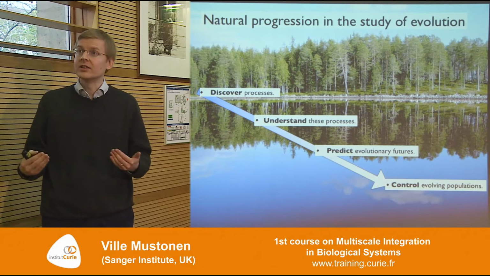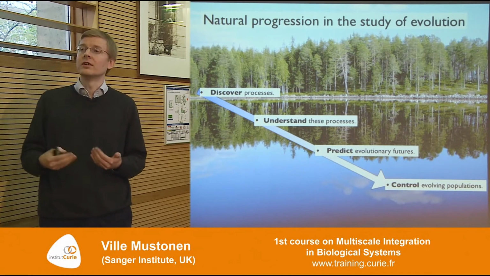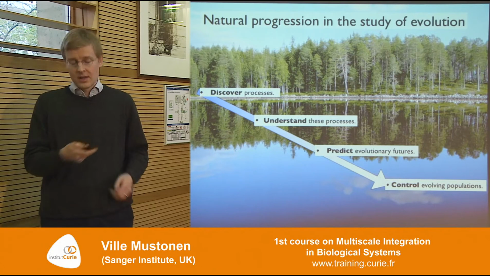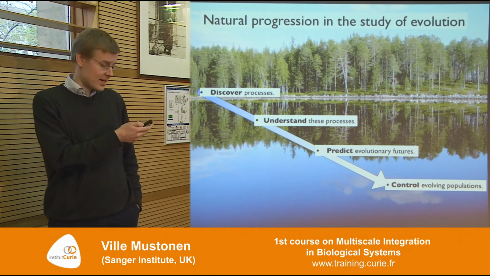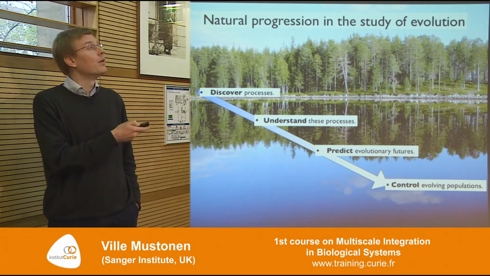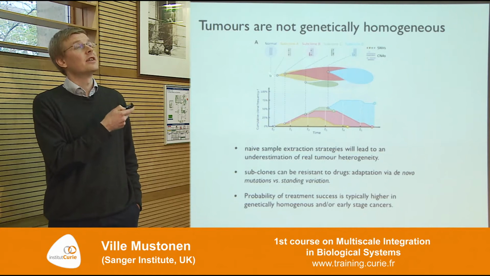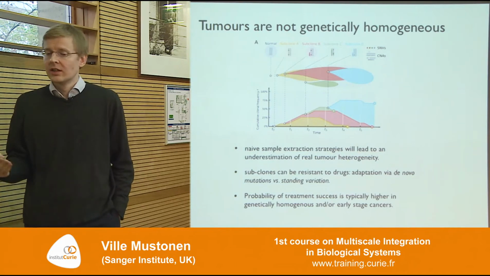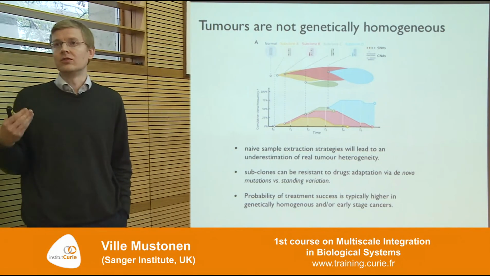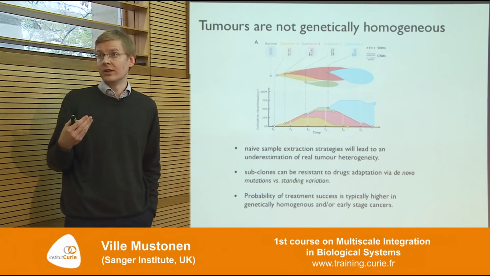The clinician is successfully controlling an evolving population. But it doesn't always happen like that. And like I said, the reason for that is that the population becomes resistant to the treatment that is given to it.